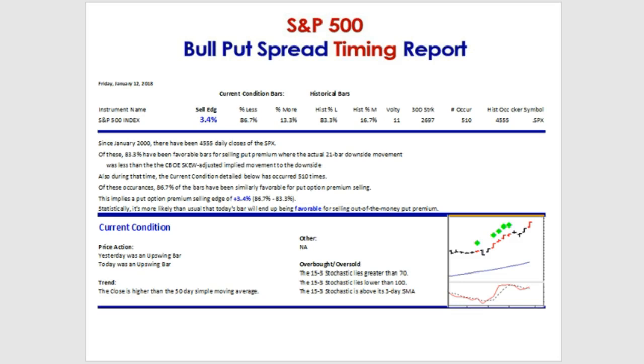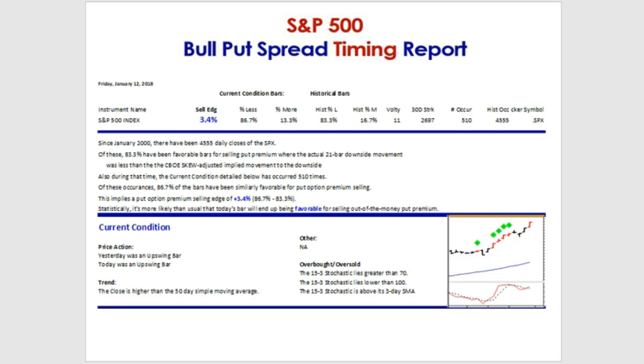Of those, 83.3% have been favorable bars for selling put premium, one standard deviation out 30 days away, where the actual 21-bar downside movement was less than what was being implied by the option prices.